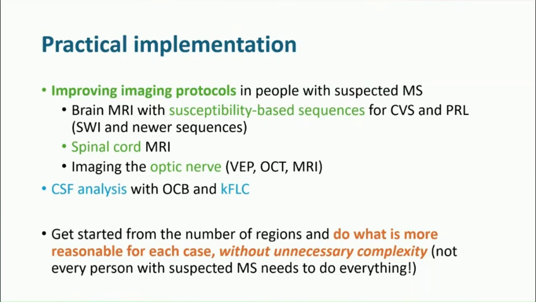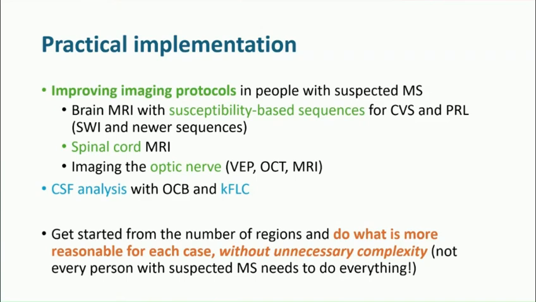So I think the point I've tried to make with this presentation is to try to avoid unnecessary complexity. The new criteria are much more flexible than the previous. You get someone in clinic, you assess what is the presentation, incidental, typical. Then you start from the first MRI, from the number of new regions on the MRI, and you do what is more reasonable, what is easier to do.